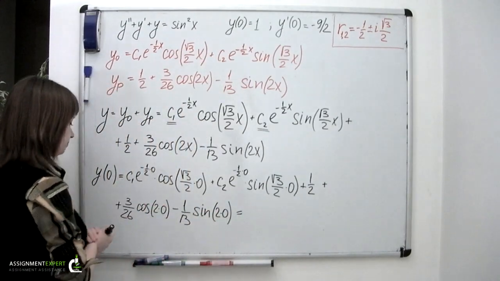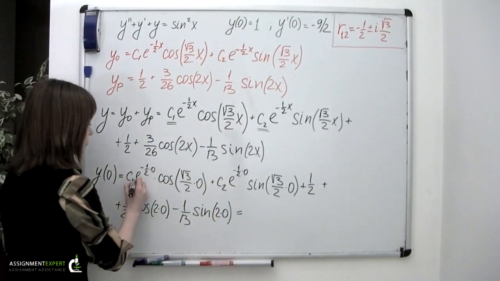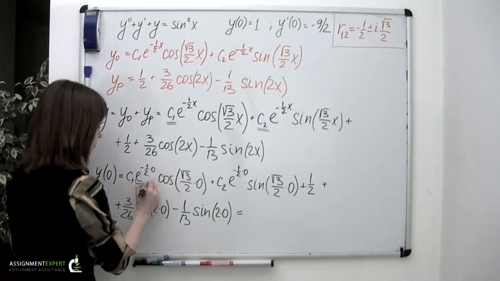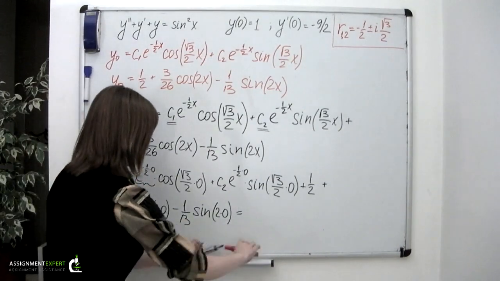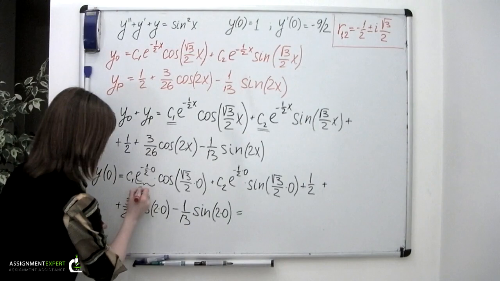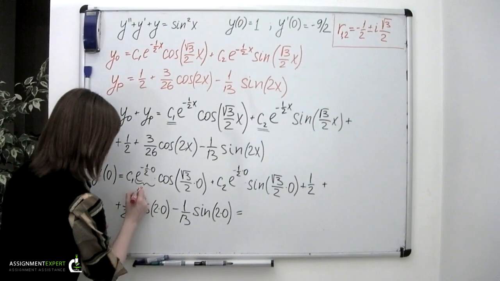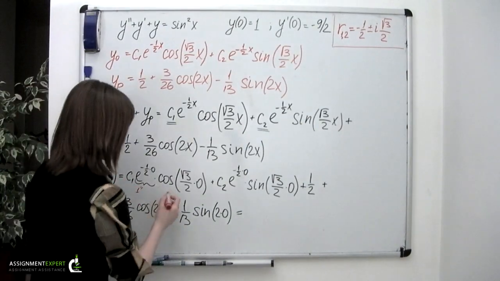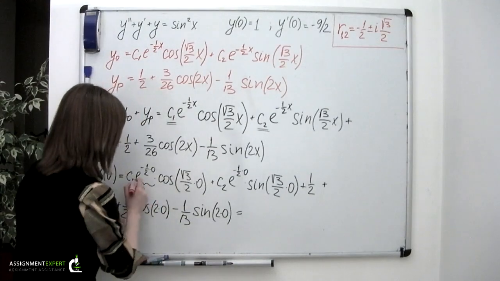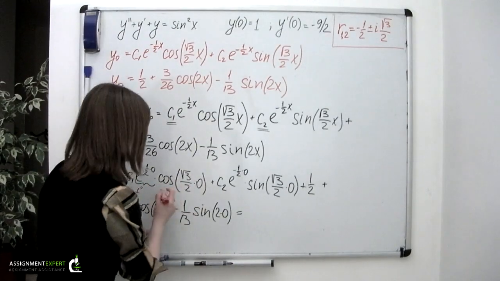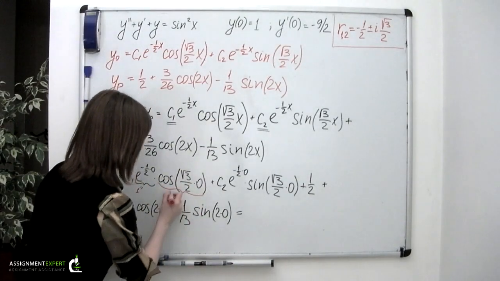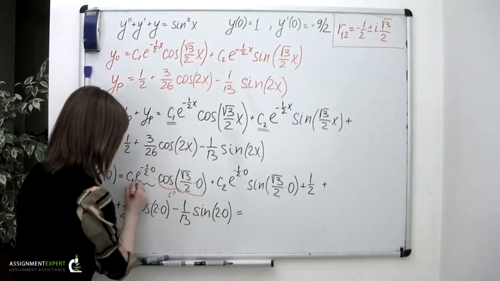Now let's see. Anything raised to the 0th power becomes simply 1. Then cosine of 0, I'm sorry, is equal to 1.